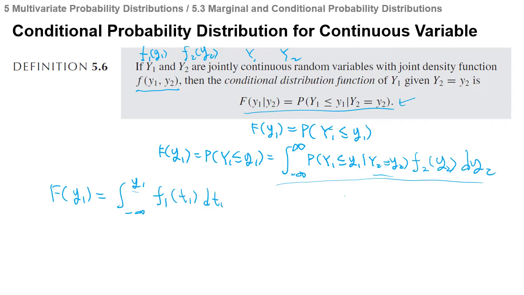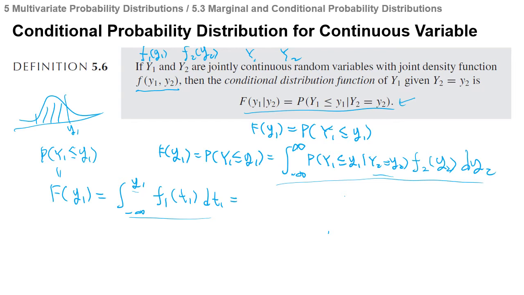So this is f1(t1), the density function for Y1, and so to calculate F(y1), which is the probability that Y1 is less than or equal to y1, you integrate the density function up to y1. You integrate from minus infinity to y1 of f1(t1) dt1.